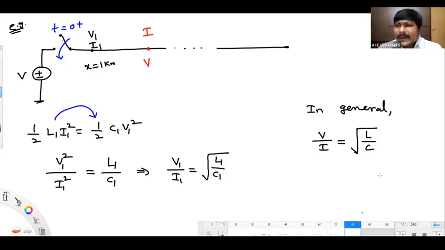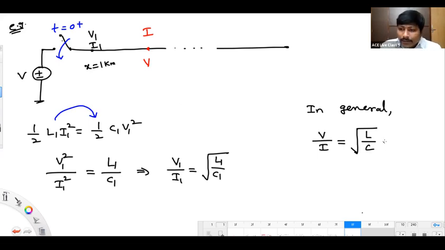What we call V by I generally is impedance. That impedance we are finding during the surge operation. Hence we are going to call this root of L by C the surge impedance, or sometimes the natural impedance of the transmission line.